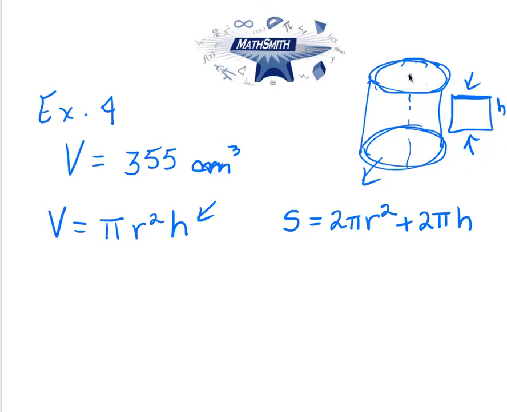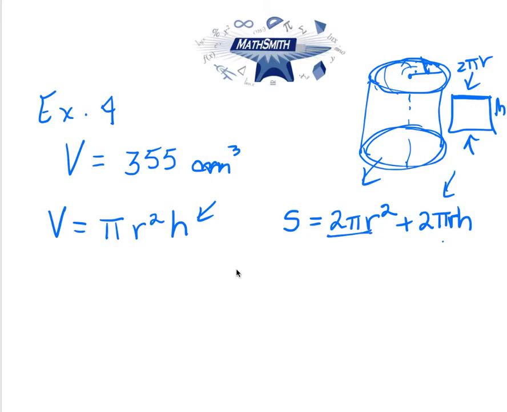So if this is r, remember the area of a circle is pi r squared, but I got two of those, so that's what this is. This is the area of these two circles. And then this is the rectangle right here. Oh, I forgot the r, didn't I? 2 pi r h. Yeah, 2 pi r h. So this is 2 pi r right here, and this dimension is h. And so that's where that comes from.